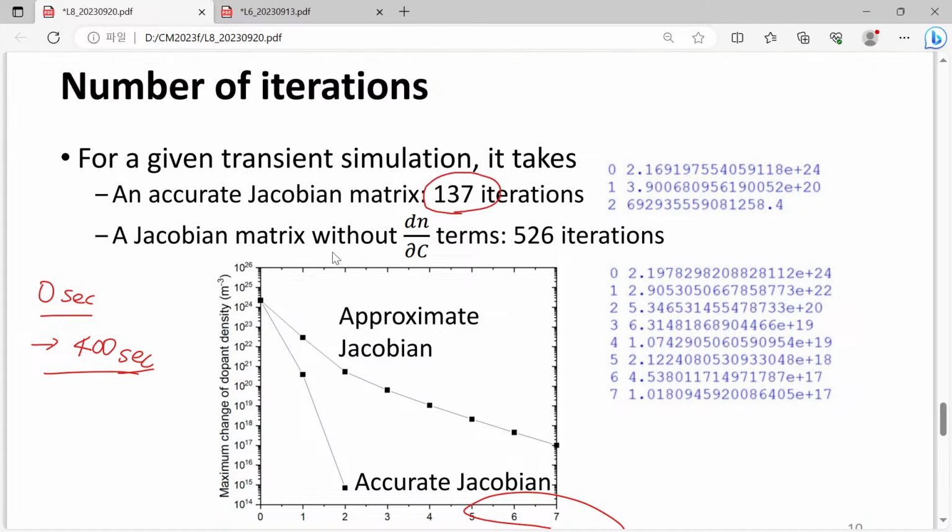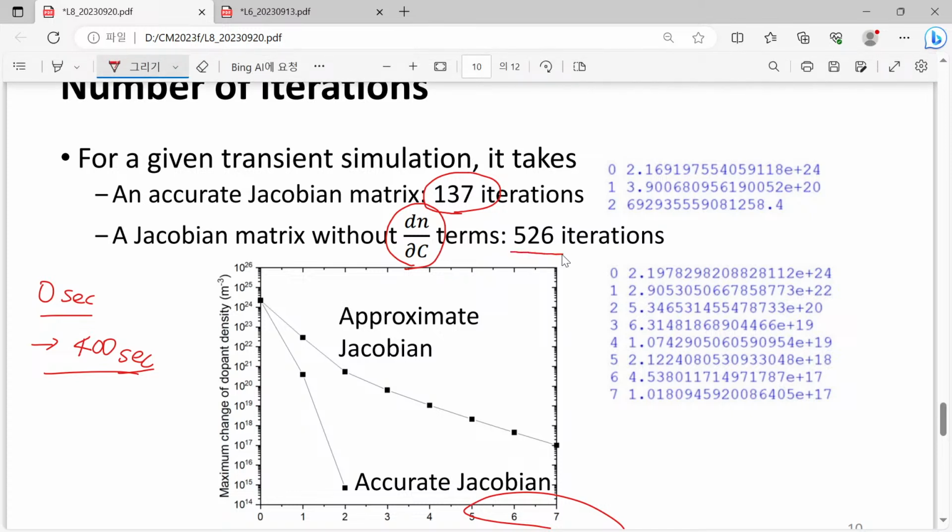137 iterations. And if you just neglect the dn over dc term, now your Jacobian matrix becomes simpler, much easier, but now you have 526 iterations. So there is a trade-off.